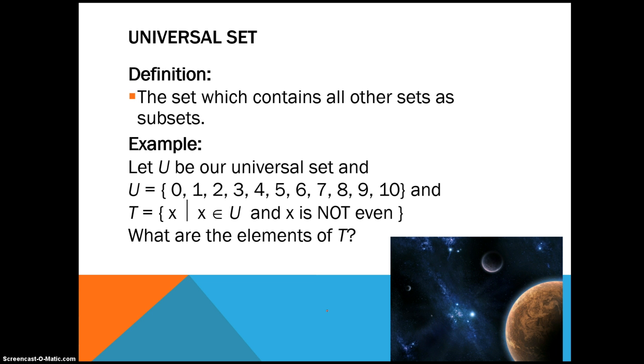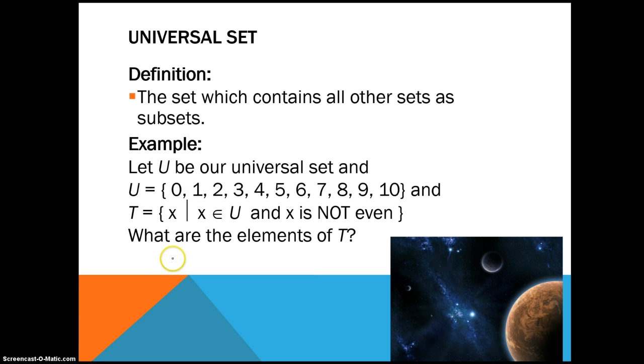And then we could say T is the set of x such that x is an element of the universal set and is not even. So what would be the numbers that are in U and are not even?